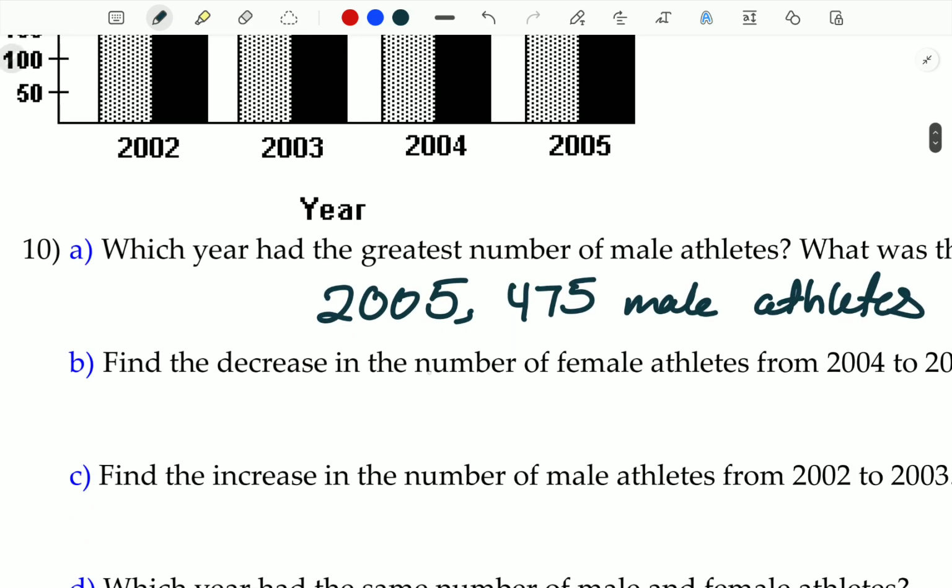So to answer the first part, find the decrease. To find our decrease, we're going to subtract the number of female students in 2004. Or rather, let's subtract the number of female students in 2005, which is 325.